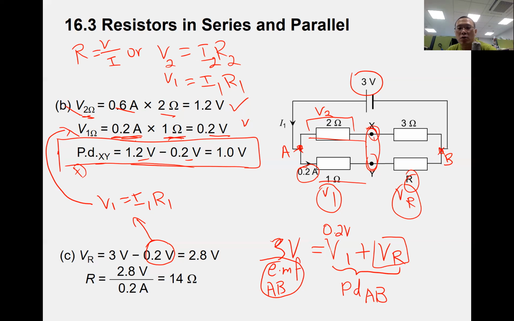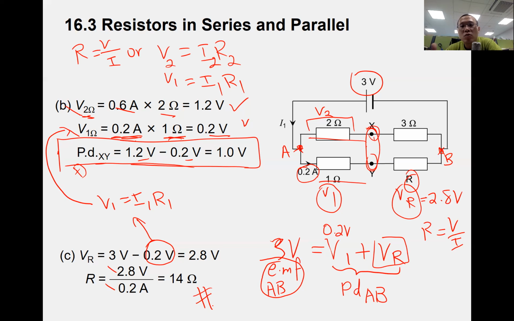Once I know the potential difference of R, which is 2.8, I go back to the basic formula, R equals V over I. I substitute the voltage and the current flowing through the resistance R, and I get my answer to be 14 ohms. This is how I use math to aid in my calculation for circuits.